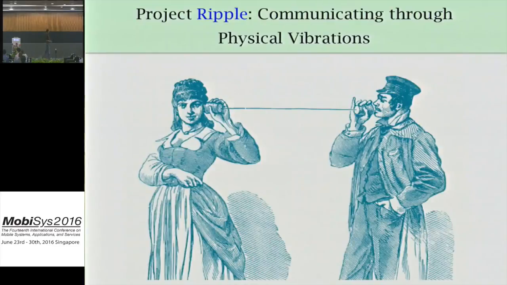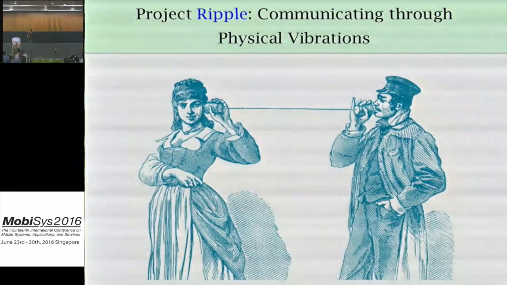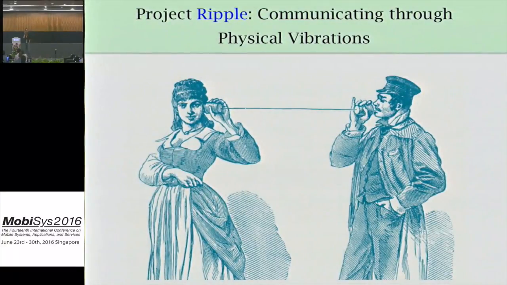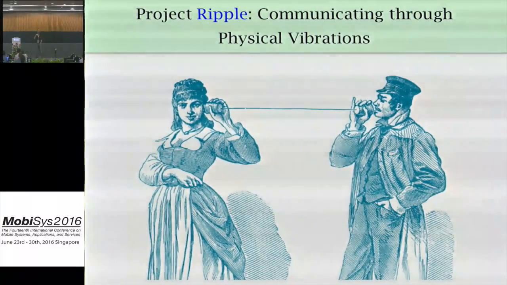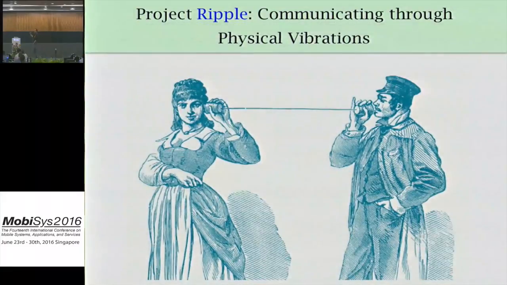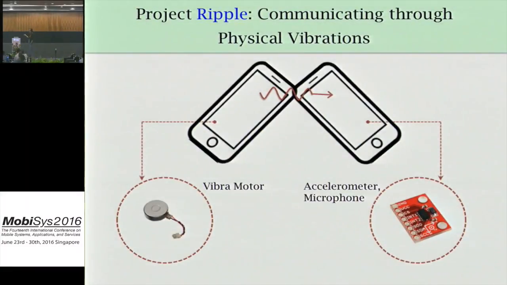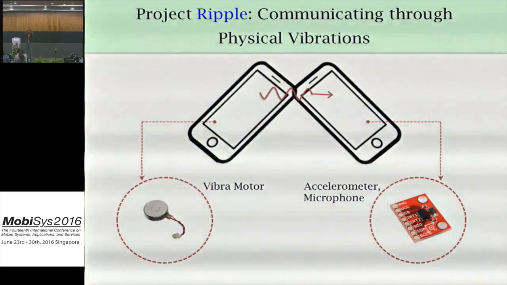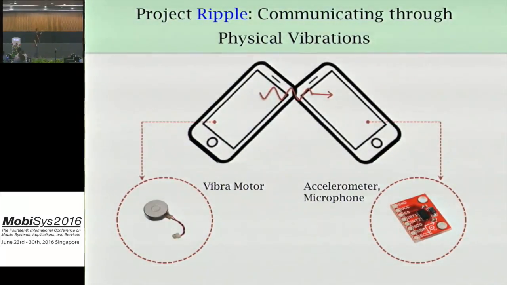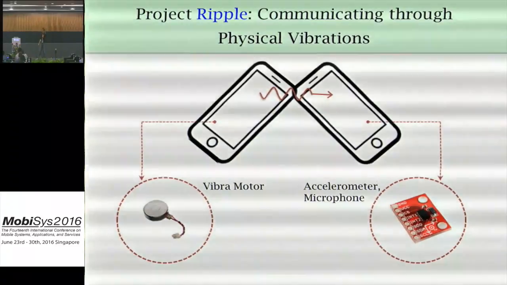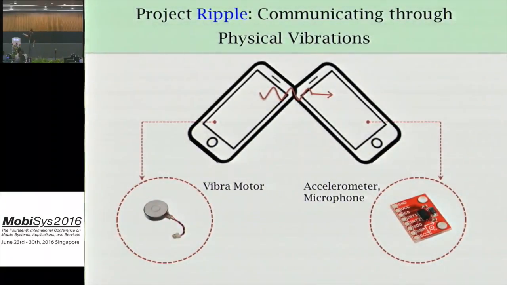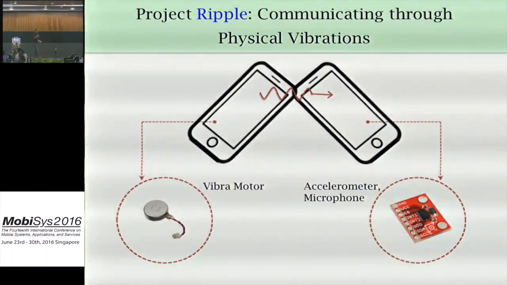So we have a project called Ripple that's ongoing in our lab, where we're essentially trying to develop a new kind of modem that uses vibration as a method of communication. Our goal is that if one phone touches another phone, and the second phone has an accelerometer or a microphone, then the phone with the vibration motor can transfer information using physical vibrations.